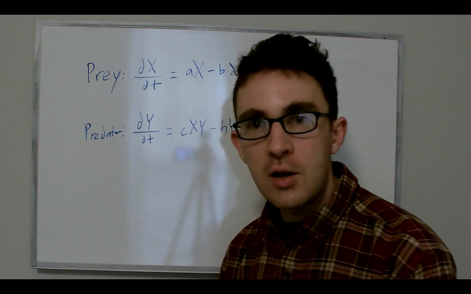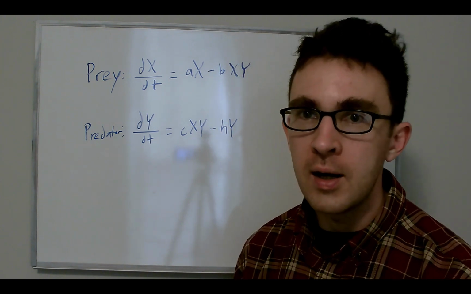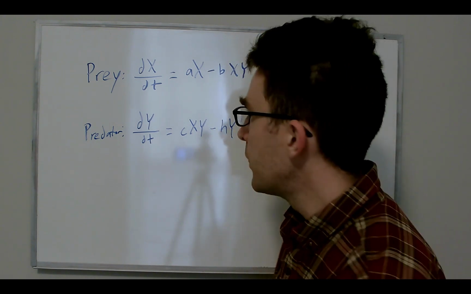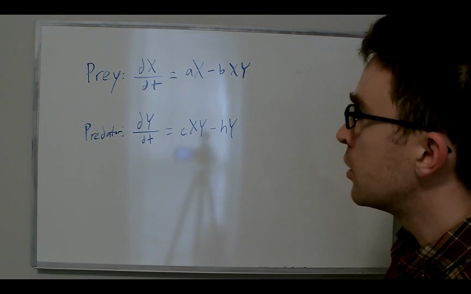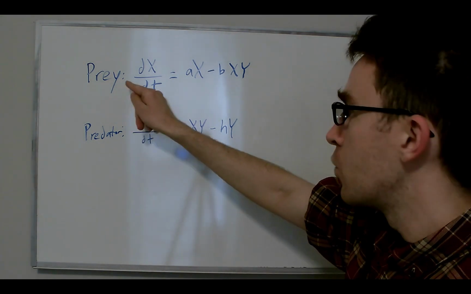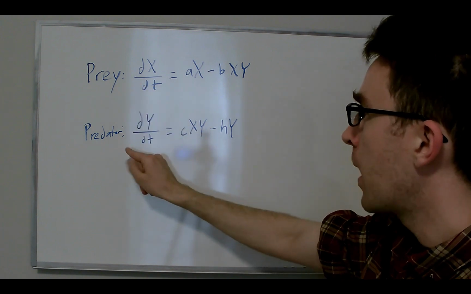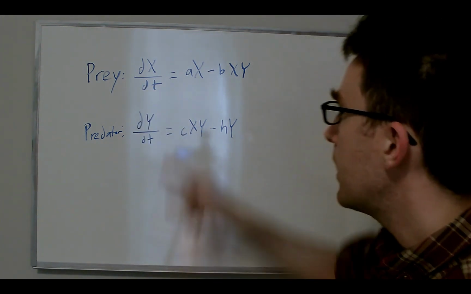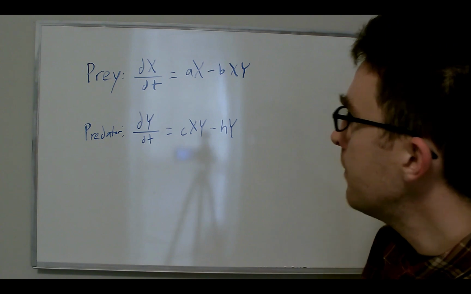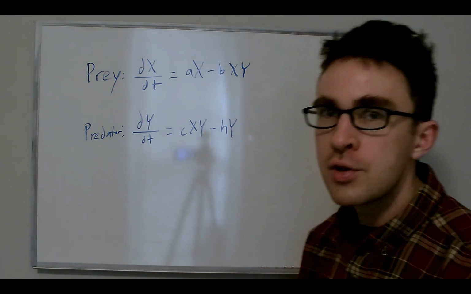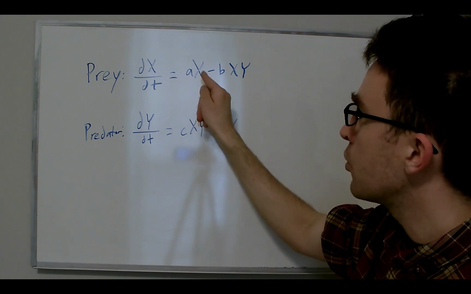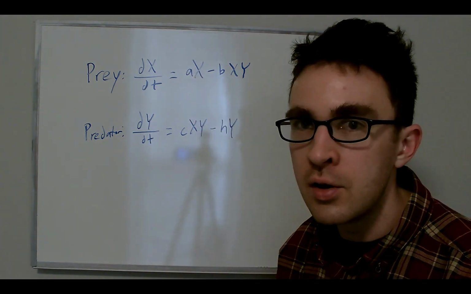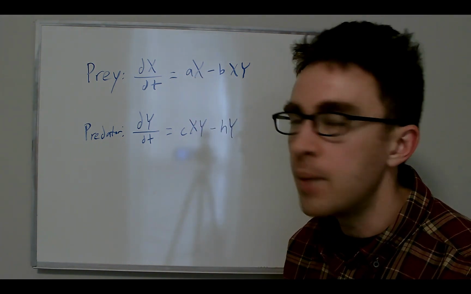I'll start by giving a quick review of the model. We have two equations. One is modeling the prey population, and one is modeling the predator population. I called the prey x and the predator y. For the prey population, we have a growth term where we have a constant parameter a, the growth rate of the prey population.